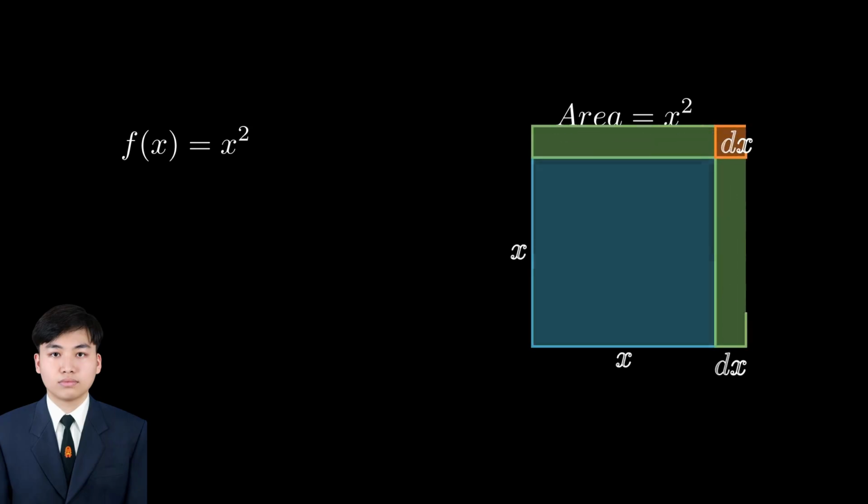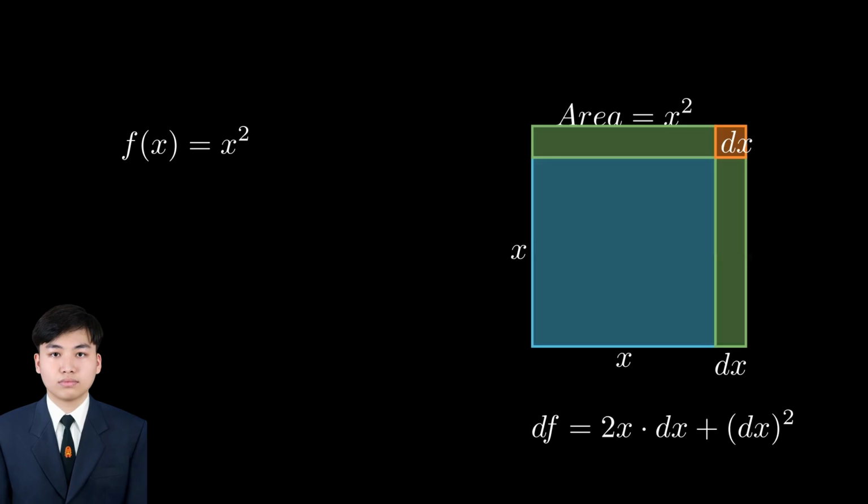If we increase the side length just a tiny bit, let's say dx, the new area that is added comes from 3 sections. The new area added is made up of 2 rectangles, each x times dx, and one tiny square, with the area of dx to the power of 2. So, the total change is 2x times dx plus dx squared.